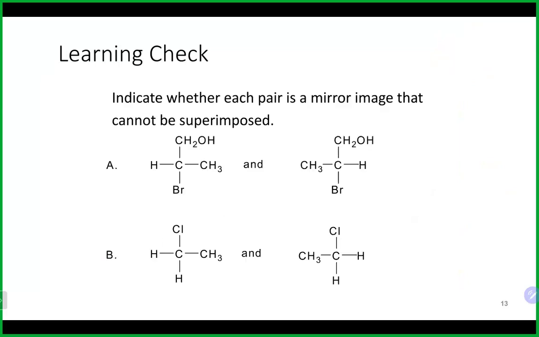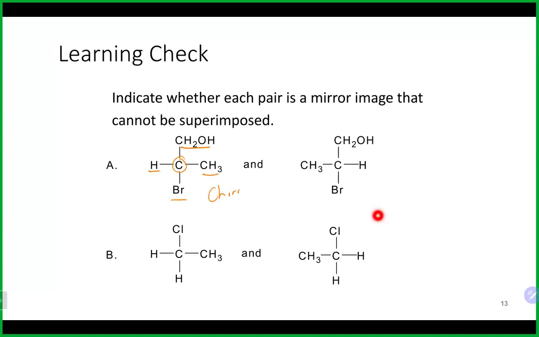All right, so take a moment here. Okay, so really what we're looking for is whether these are chiral compounds or not, right? Because that's going to tell us can it be superimposed or not. So we'll take a look here at the carbon. I got methyl, that group, and that group. That is 4 different groups.